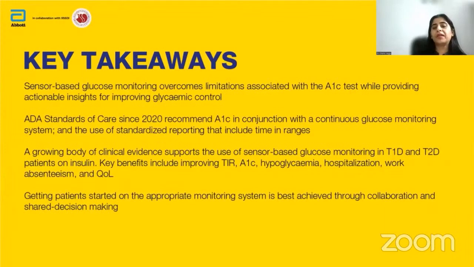A growing body of clinical evidence supports the use of sensor-based glucose monitoring in type 1 and type 2 diabetes patients on insulin. The key benefits include improvement in time in range, A1C, hypoglycemia, hospitalization, work absenteeism, and the quality of life. And getting patients started on an appropriate monitoring system is best achieved through collaboration and shared decision making.